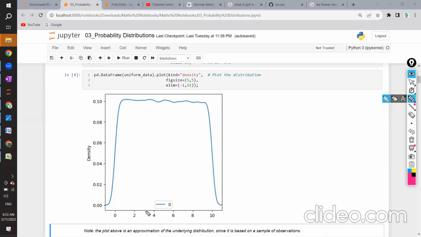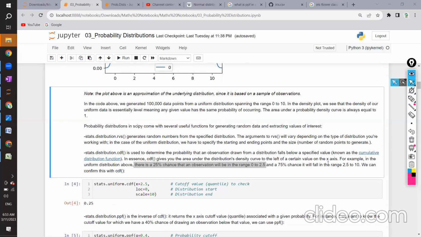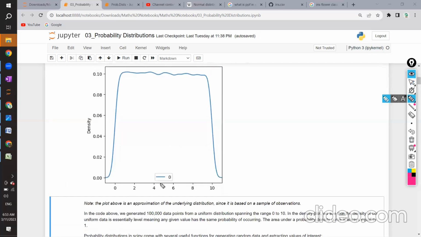If you have 2.5, then it will add each and every value's probability till 2.5. And a 75% chance it will fall in the range of 2.5 to 10. That means it will give the complete area, 0 to 10.